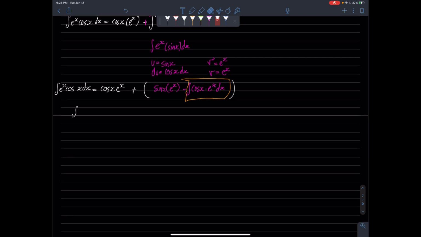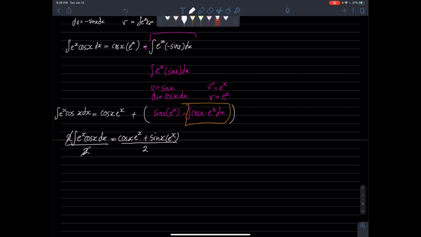If we move it over, it's going to be 2 times the integral of e to the x cos x dx is equal to cos x e to the x plus sin x e to the x. Get rid of the 2, divide it here, divide it here, right? And that will be your answer.